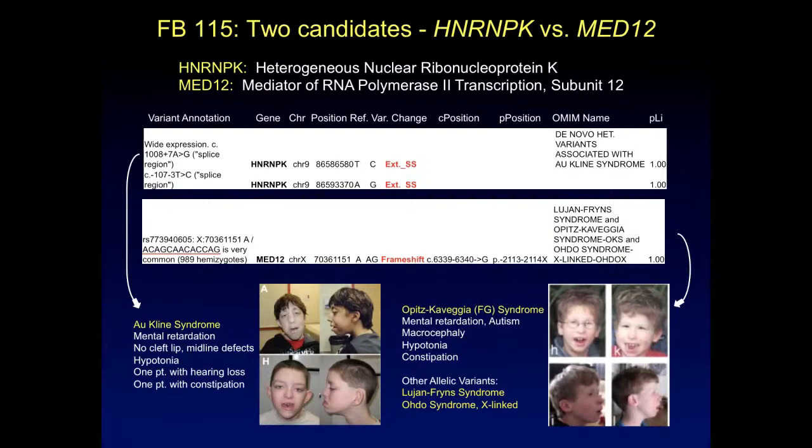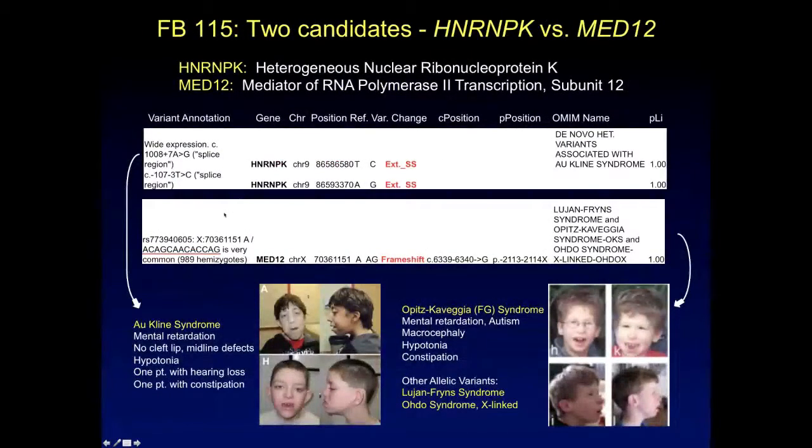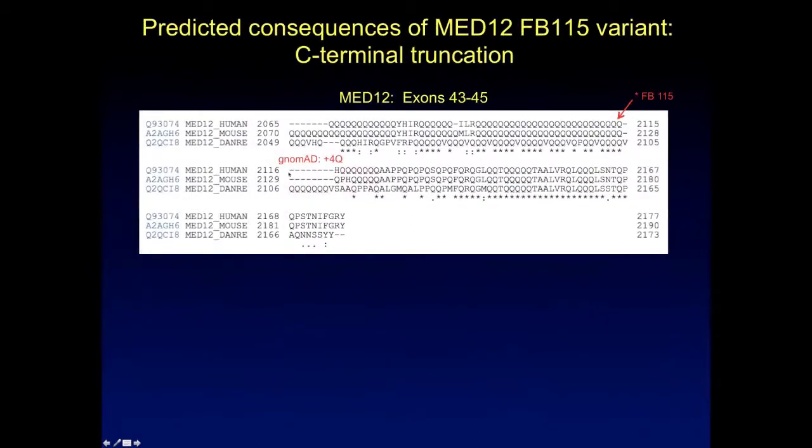And we went on to realize that this falls in a portion of the protein where there's a polyglutamine tract. And these bases being inserted just add another run of 4 glutamines. So that variant is probably of no consequence because, as in the zebrafish sequence at the bottom, you can have extra glutamines in this exact region, presumably without a functional effect.